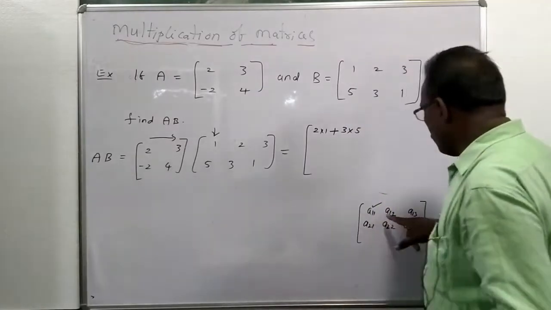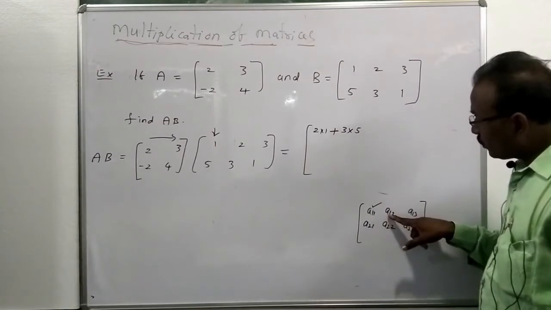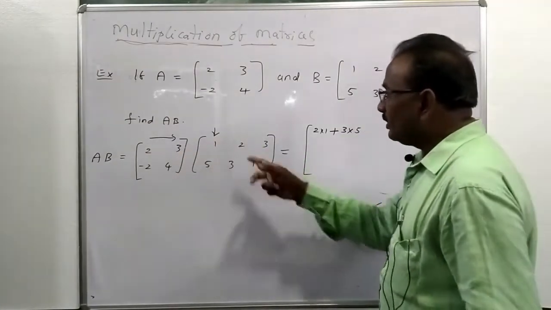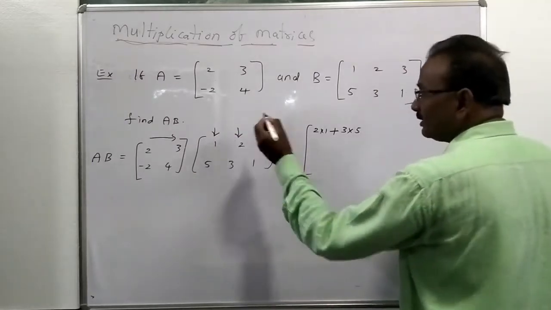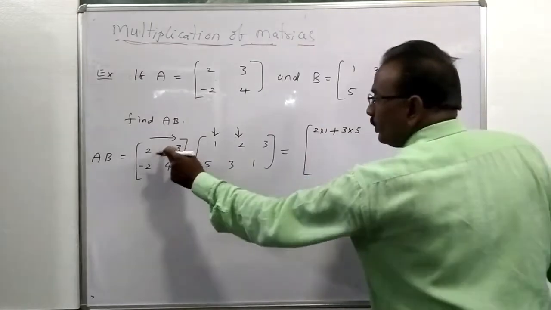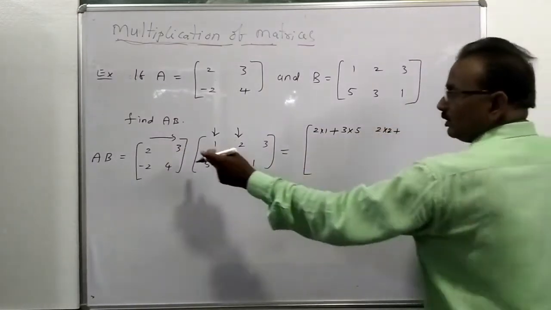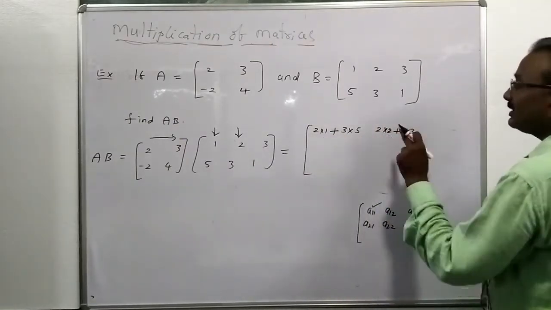Similarly, A12 means the sum of the product of the first row elements of matrix A with the second column elements of matrix B, that is 2 into 2 plus 3 into 3. So this is the second element.